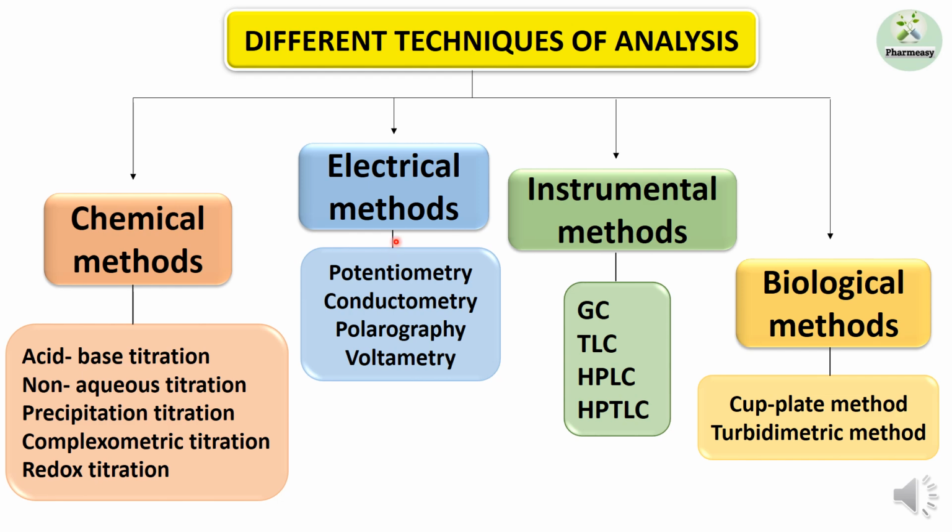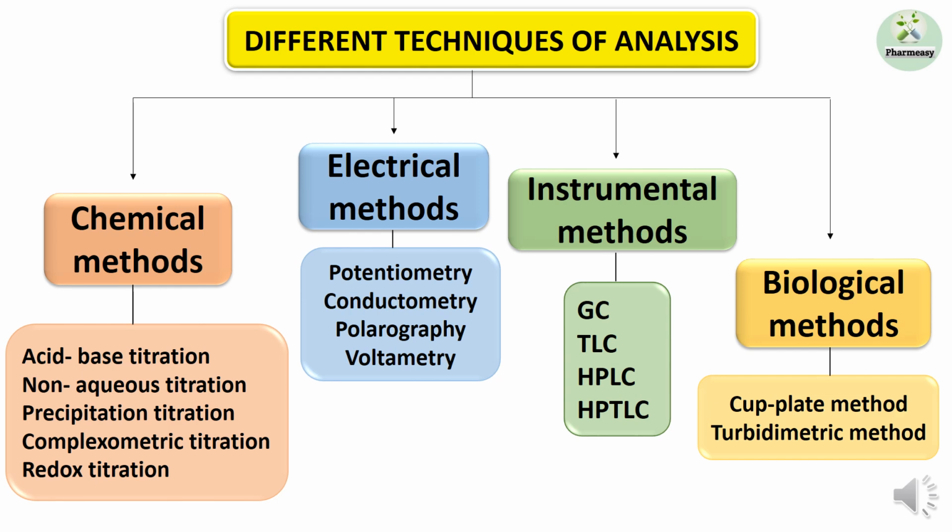Electrical method includes potentiometry, conductometry, polarimetry, and voltammetry. Instrumental method involves gas chromatography, thin layer chromatography, high-performance liquid chromatography, high-performance thin layer chromatography, and biological methods such as cup plate method and turbidimetric method.